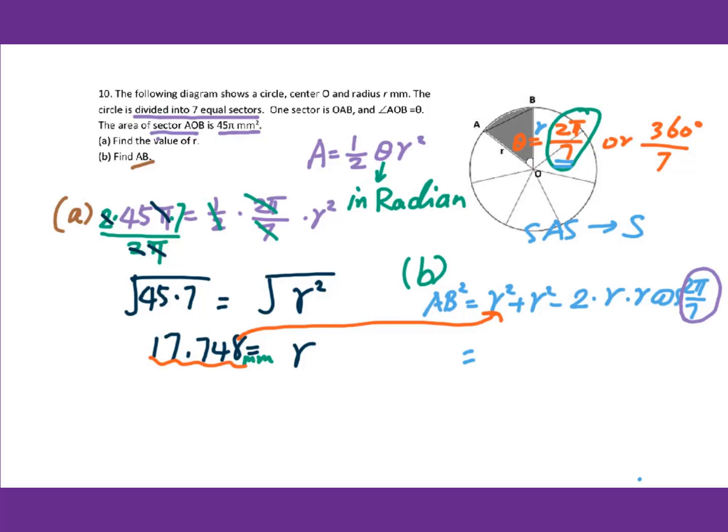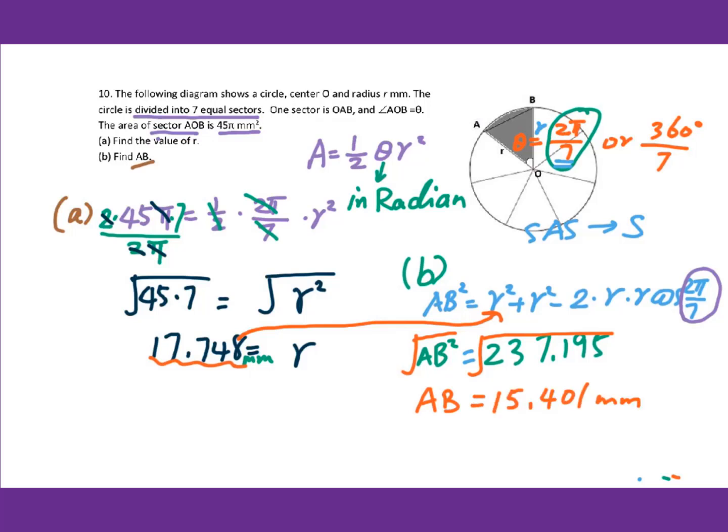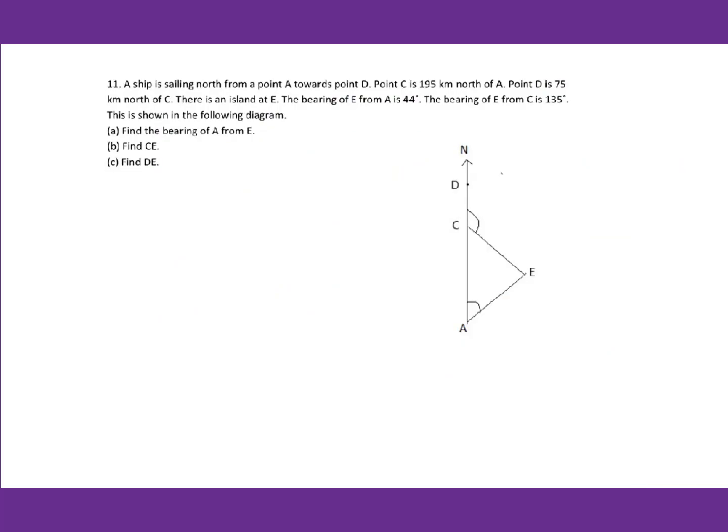Put into calculator, you will get AB squared equals 237.195, then take the square root of both sides. So you got AB equals 15.401 millimeters.